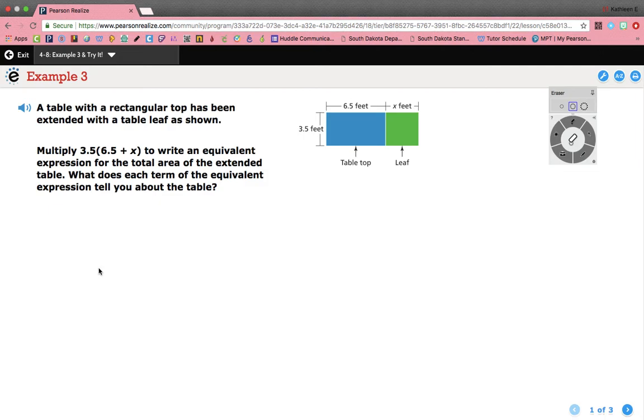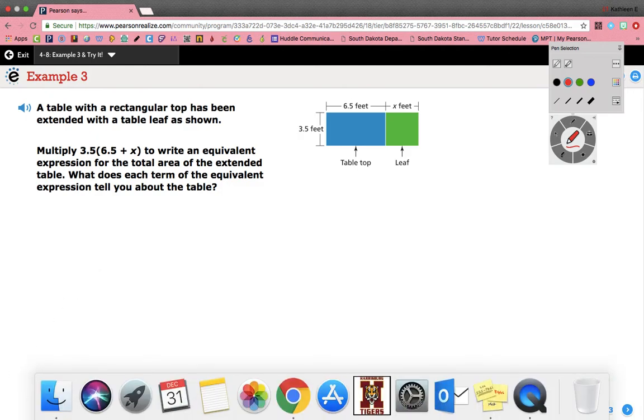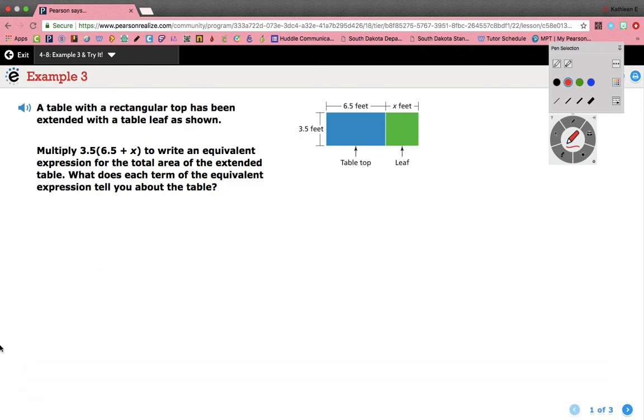Okay, so if we look at this problem, it says a table with a rectangular top has been extended with a table leaf as shown. Multiply 3.5 times 6.5 plus x to write an equivalent expression for the total area of the extended table. What did each term of the equivalent expression tell you about the table?